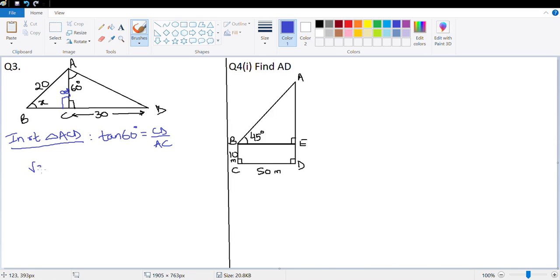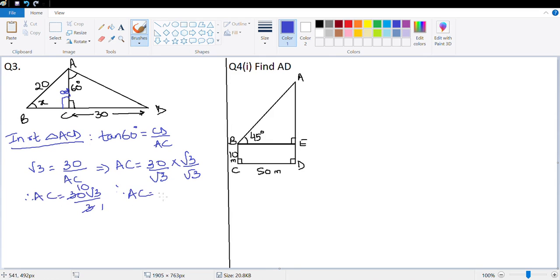So root 3 is equal to CD, which is 30, upon AC, which we don't know, which means AC is equal to 30 upon root 3. Let's rationalize, which means multiply it with root 3 and root 3. So AC is equal to 30 root 3 upon 3. This is 10. Therefore, AC is equal to 10 root 3.